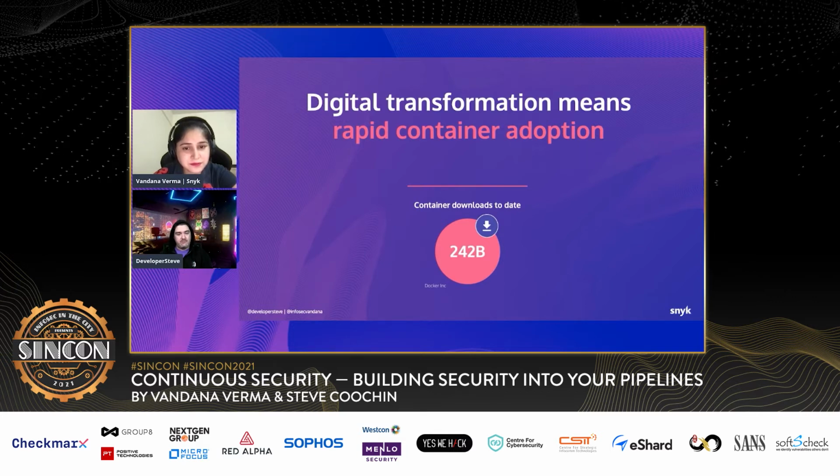If you think of Docker, for example, there are over 242 billion container downloads from Docker Hub to date, which is phenomenal. From the development side of things, I can build in a containerized environment locally, and then use that to deploy onto infrastructure with elasticity, which is great because ultimately we build these applications and deploy onto infrastructure with the idea that we're going to be building an amazing application that gets super fast adoption.